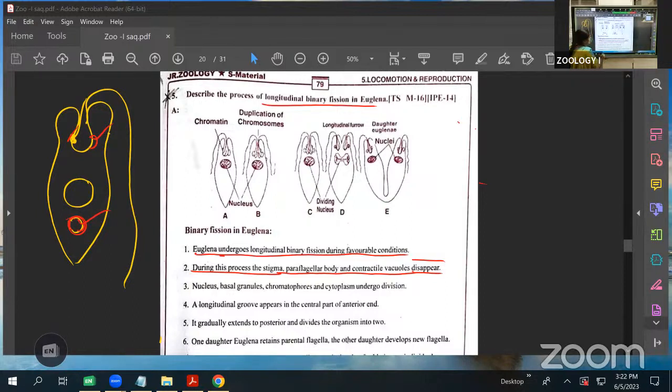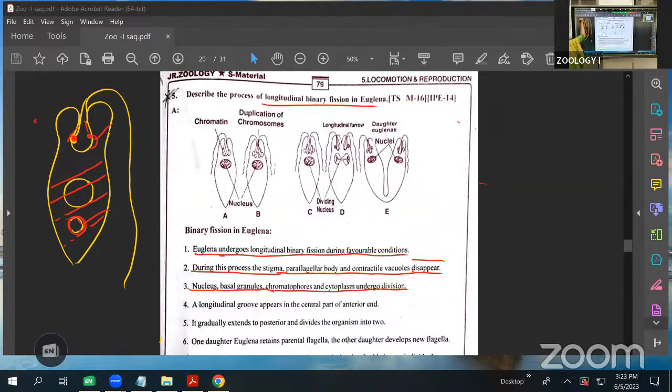Next, the nucleus, basal granules, chromatophores and cytoplasm undergo division. What are the chromatophores? The dotted lines like this are what we call chromatophores. Chromatophores divide, and which one else? The basal granules, where the small and large flagella start.